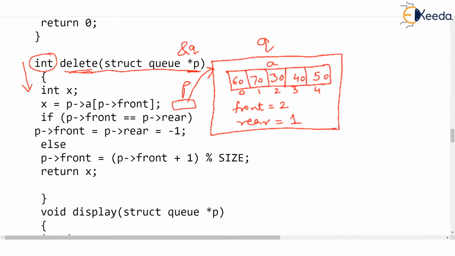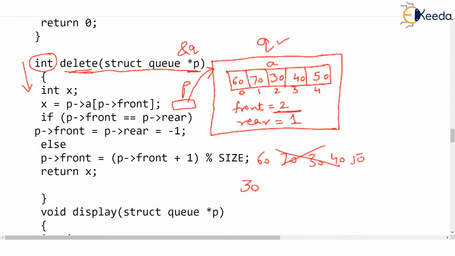First of all, have a look at the circular queue that has been shown here. If I ask you which are the values in the circular queue and to give them in correct order, and your answer is 60, 70, 30, 40, 50, this would be a wrong answer. The correct answer is that the first value in this circular queue is 30, because you can see the front counter is 2 here.